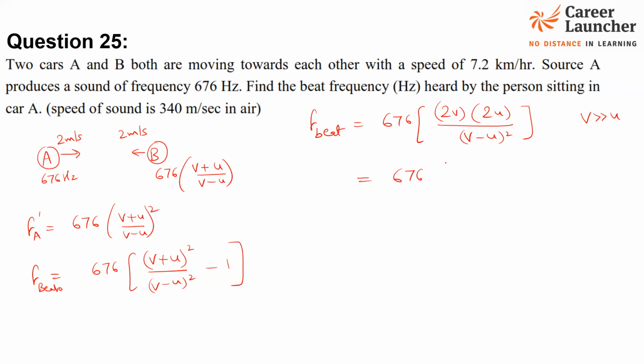So this is 676 into 2V into 2U upon V square. So cancel. So this is 4 times U. So 4 into 2 upon 340.